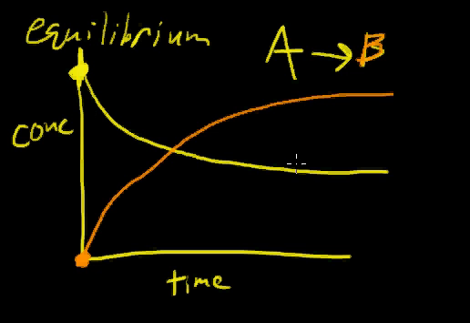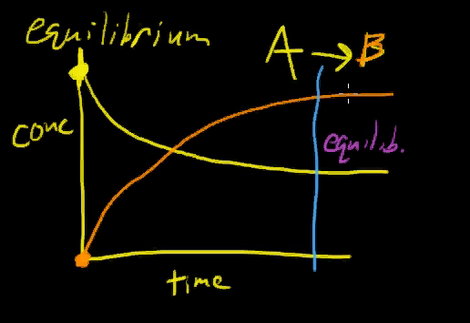So we're going to have some substance A and substance B present after this reaction takes place. This point, where we've reached the maximum amount of substance B produced and the minimum amount of substance A, is called equilibrium. So at this point right here we have equilibrium.